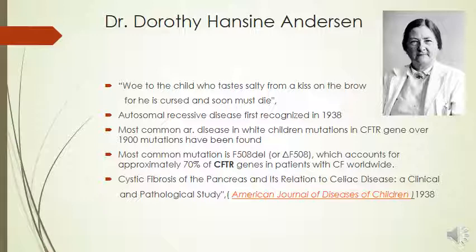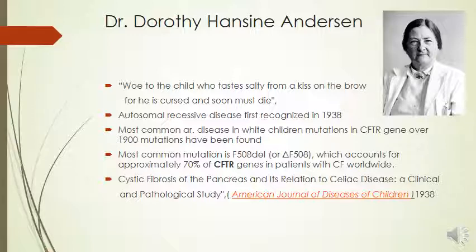Cystic fibrosis is an autosomal recessive disease that was first diagnosed in 1938. It is the most common autosomal recessive disease in white children, and mutations in the CFTR gene can account for this, and there are currently over 1,900 mutations that have been found. The most common mutation is the F508 deletion, which accounts for approximately 70% of the CFTR genes in patients with CF worldwide.